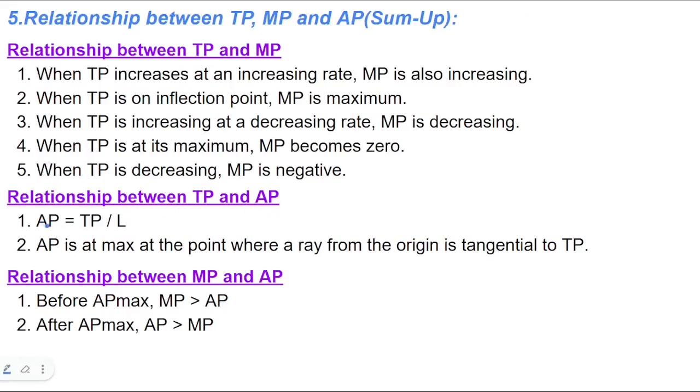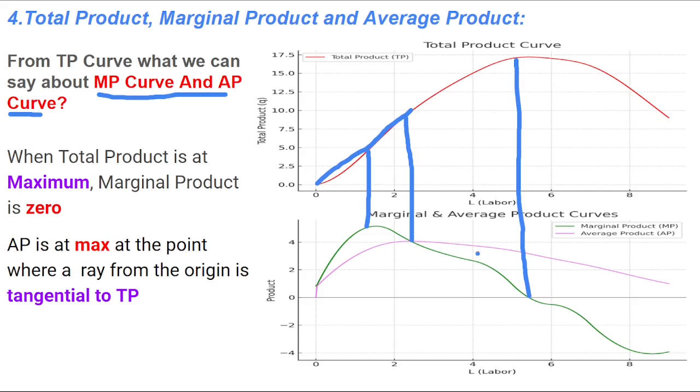So what is the relationship between TP and AP? We know AP equals total product divided by labor. AP is at max at the point where a ray from the origin is tangential to TP. So when we draw a ray which is tangential to TP, at this point our AP is maximum.